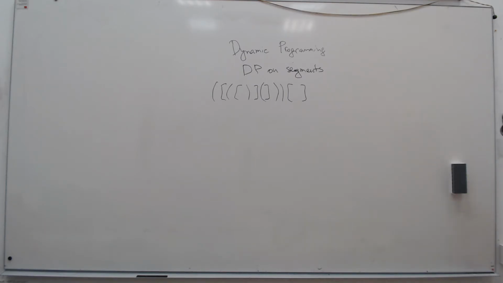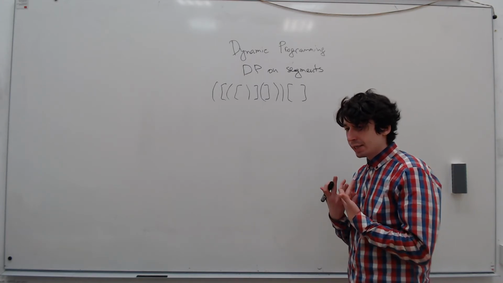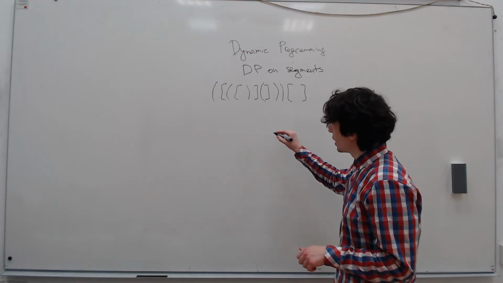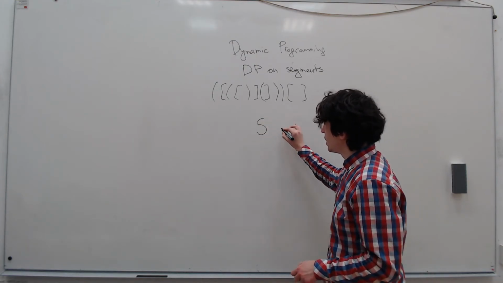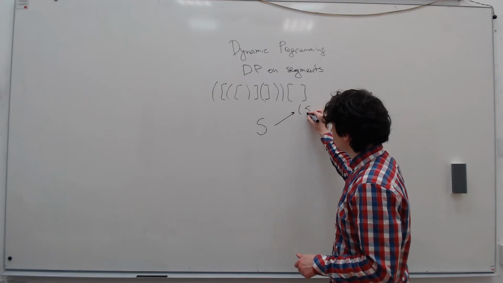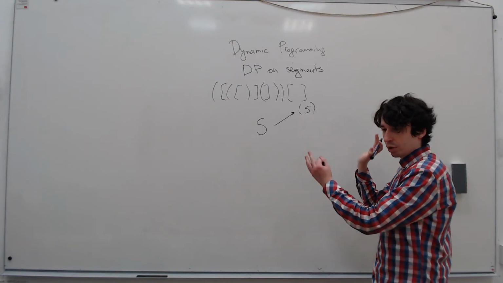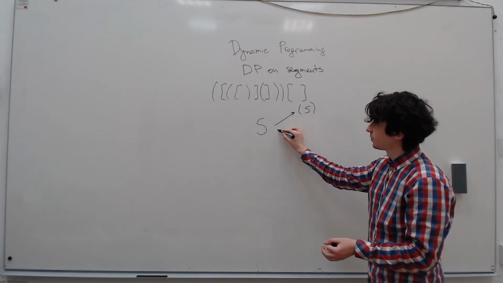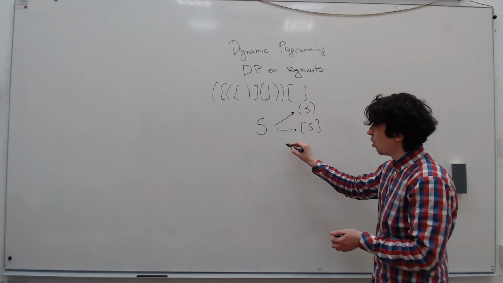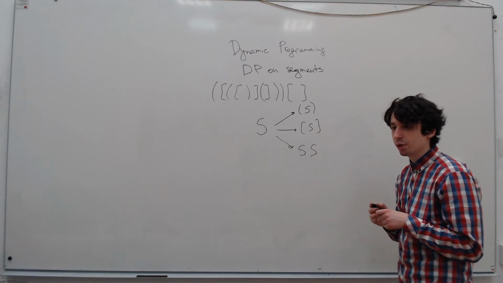So, how can the bracket sequence be represented? The bracket sequence is either a smaller sequence with two round brackets around it, or with two square brackets around it, or you have two smaller sequences.